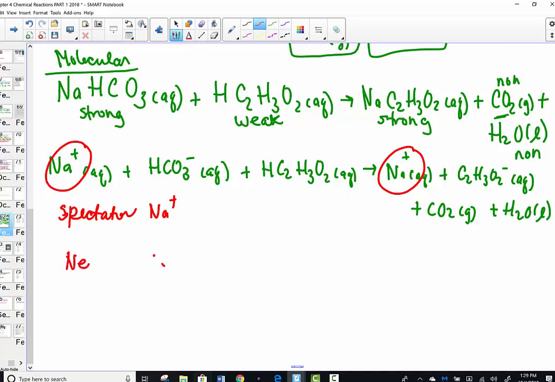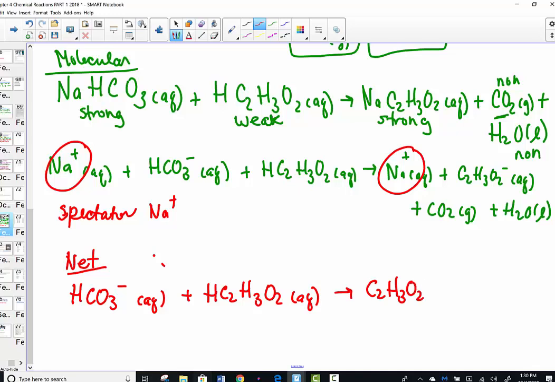Now, if I eliminate that, you would write the net ionic equation as everything the same, but with no sodium. You'd have an aqueous ion of bicarbonate reacting with the weak acid, acetic acid, forming the acetate polyatomic ion, the bubbles of carbon dioxide, and the water as a liquid. Keep in mind the sodium acetate would be in the water, and carbon dioxide bubbled out of your dish.